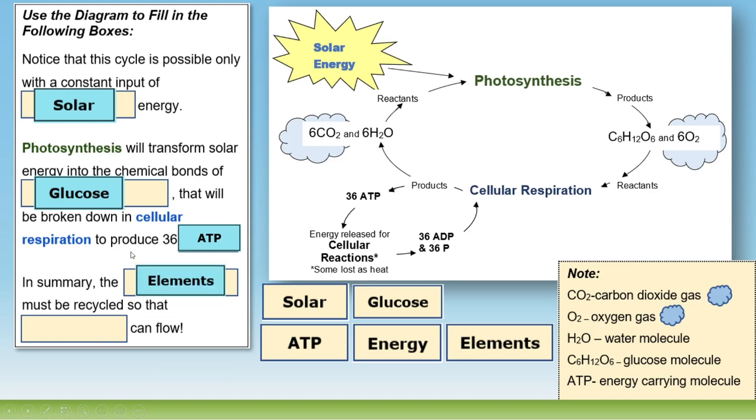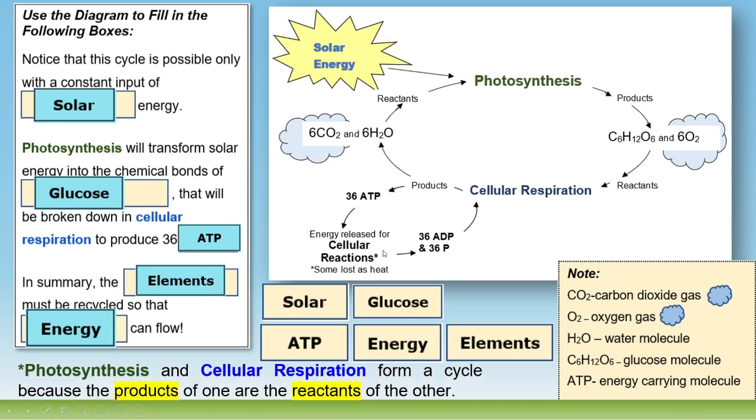So in summary, the molecules or elements must be recycled so that energy can flow. So again, you can double check this. Together, photosynthesis and cellular respiration form a cycle because the products of one are the reactants of the other, and vice versa.